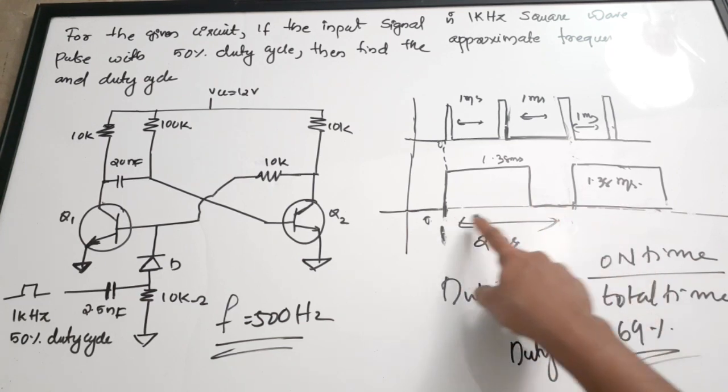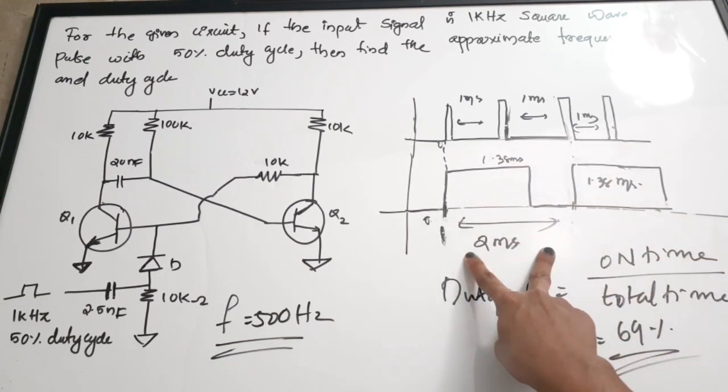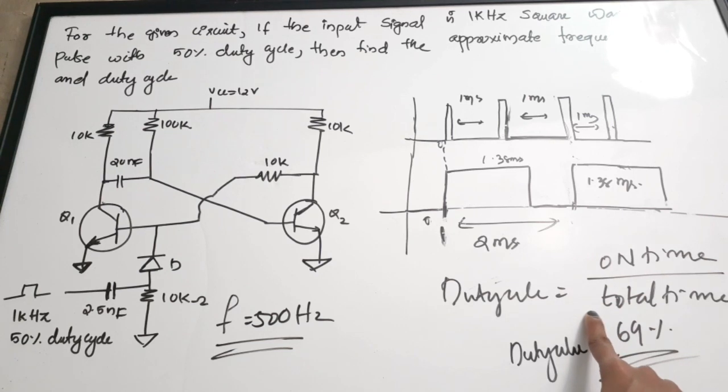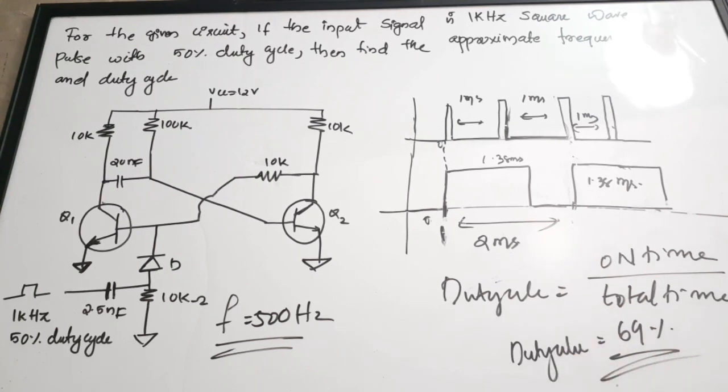What is the time period? Here the wave is repeating after every 2 milliseconds. So the time period is 2 milliseconds and the frequency is 500 Hertz, and duty cycle is on time by total time. So we have obtained 1.38 by 2 milliseconds, which is 69.3, or we can take it as 69%.